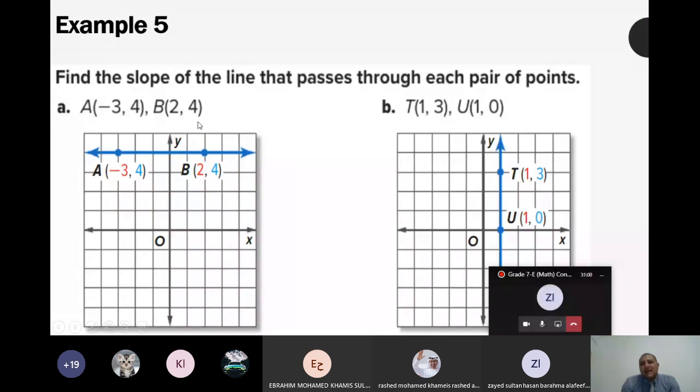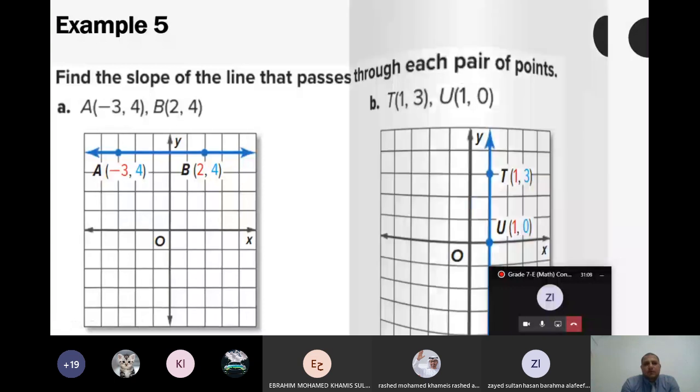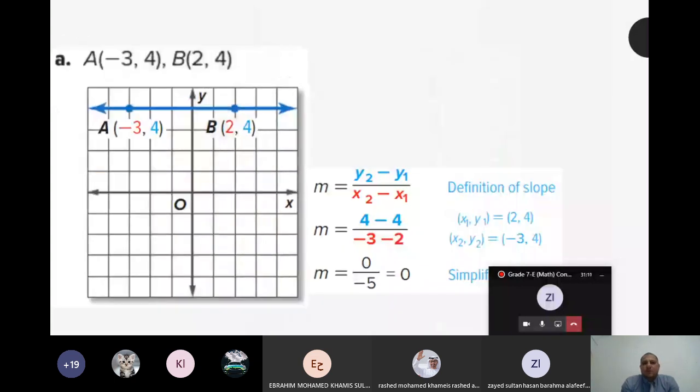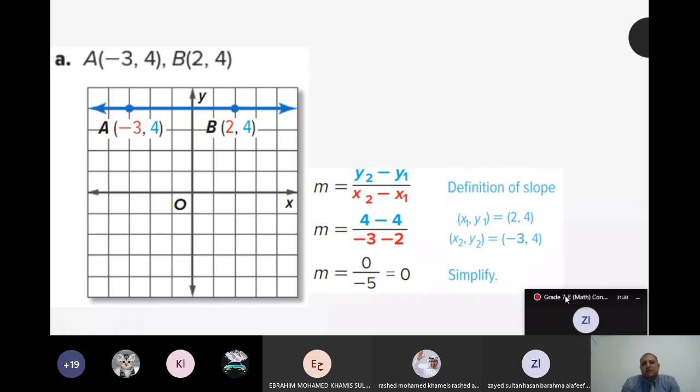So it represents a horizontal line that passes through points A and B. If we need to find the slope, we will subtract 4 minus 4 divided by 2 minus negative 3, or negative 3 minus 2, depending on your choice. But the slope is always 0 because 4 minus 4 is 0. And the slope of any horizontal line is 0.